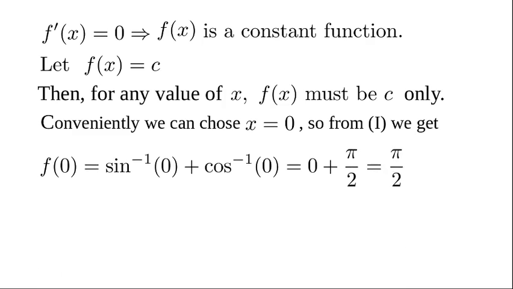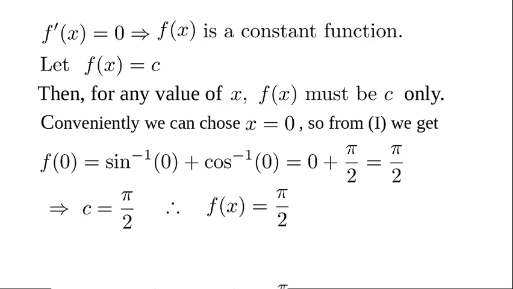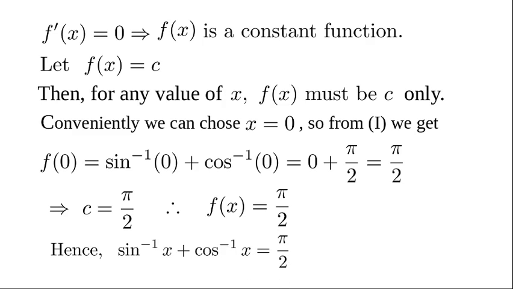So from (1) we get f of 0 equal to sin inverse of 0 plus cos inverse of 0, and that's equal to 0 plus pi by 2. Therefore f of 0 is pi by 2. Therefore c equal to pi by 2. C is nothing but f of x. Therefore f of x equal to pi by 2. Hence sin inverse of x plus cos inverse of x equal to pi by 2.